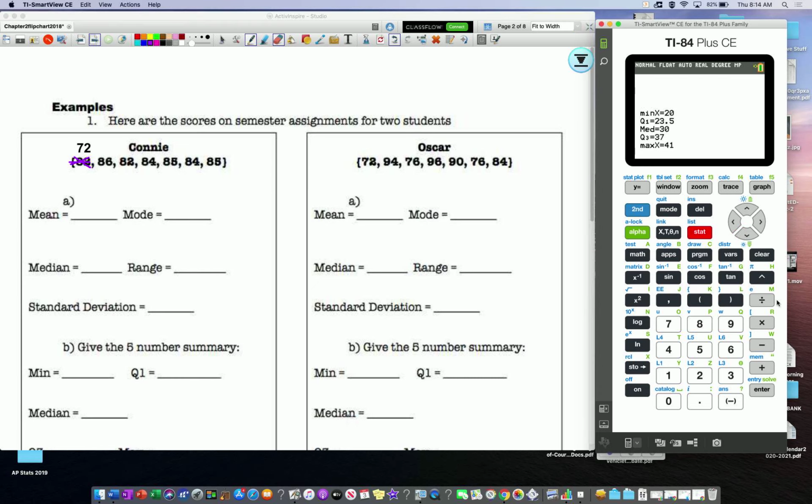So I'm going to go stat, edit, and I want to enter in Connie's scores. What I like to do is highlight list 1, hit clear, and then enter.